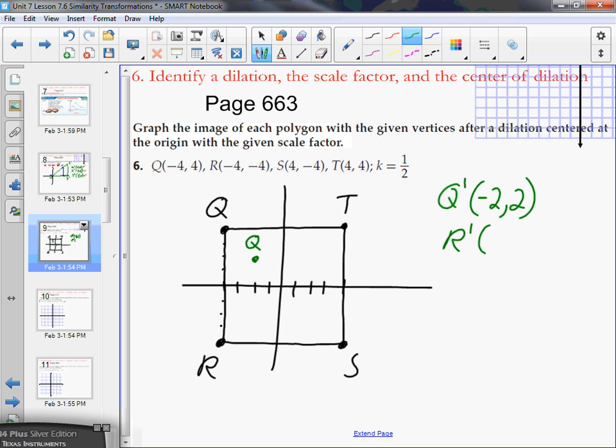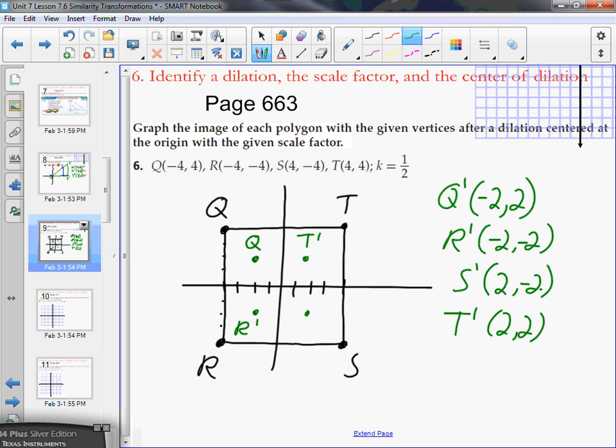What are the coordinates of R prime? Negative 2, negative 2. And S prime is 2, negative 2. And then T prime is 2, 2. And there you go.